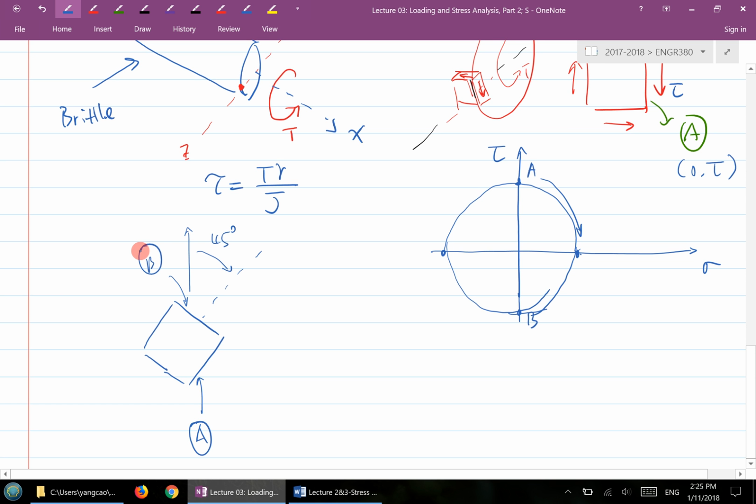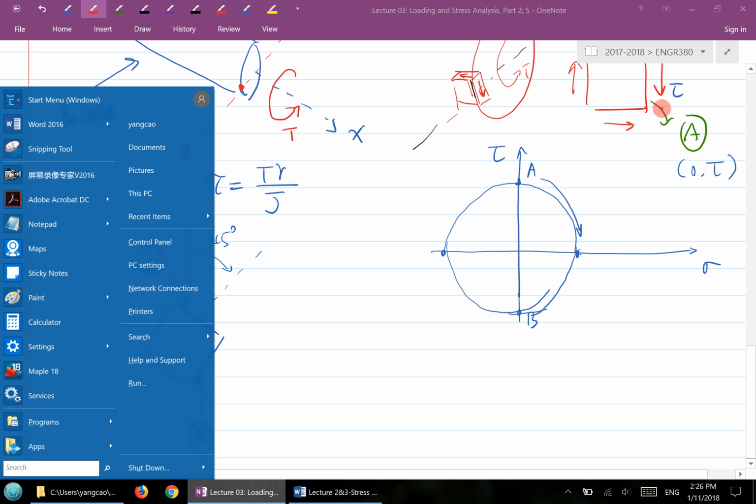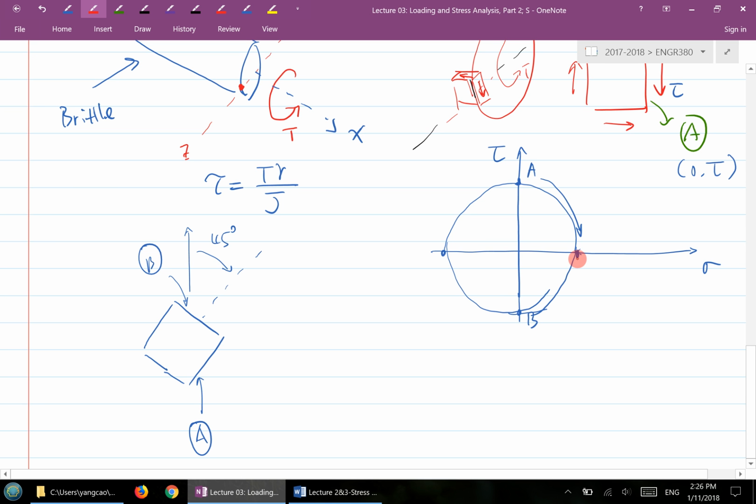And what is the state of stress after the 45 degree clockwise rotation then? At the side A location for this stress element, what kind of stress exists on side A? Original side A was here, and now side A goes to this location. So what type of stress now exists on side A?